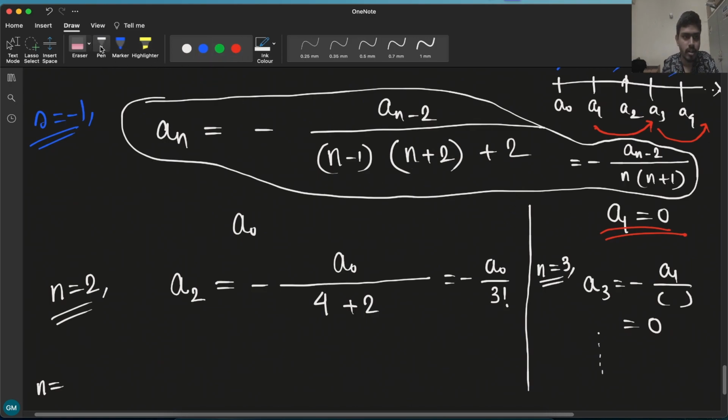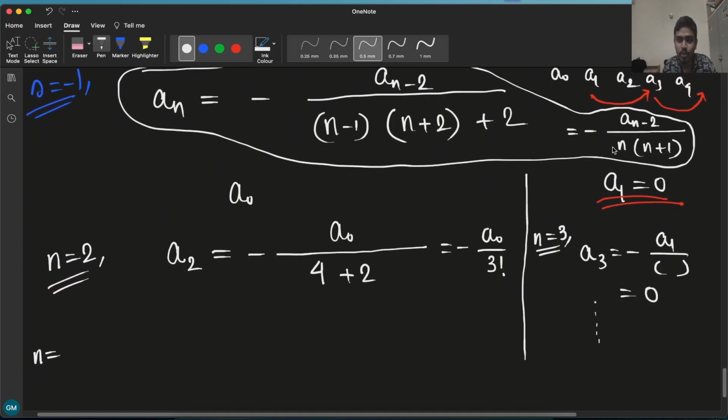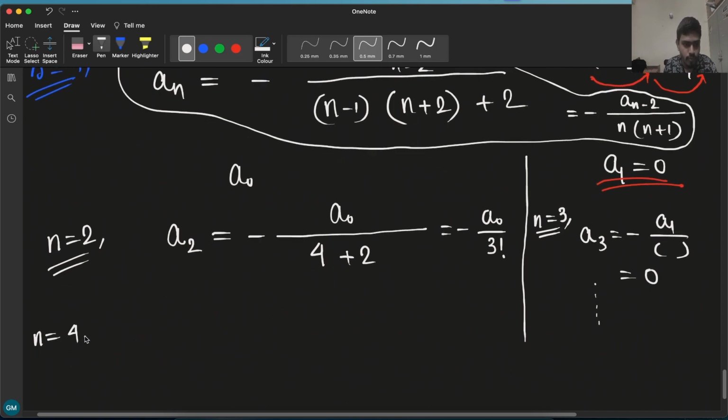It is becoming a little bit messy, but okay, good. You can see that if I put n equals 2 here, you will automatically get 2 times 3, there is 3 factorial. You don't need to do the calculations. If I put now n equals 4, I will get a4 equals minus of a2 divided by 4 times 5. I am following the recurrence relation.